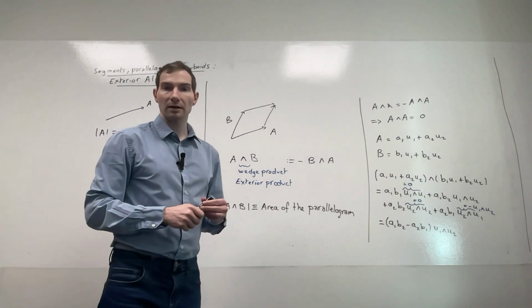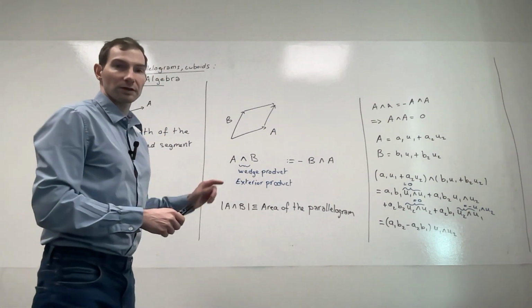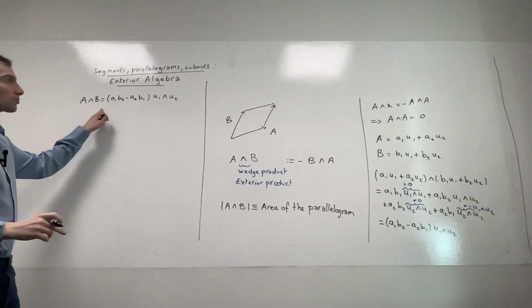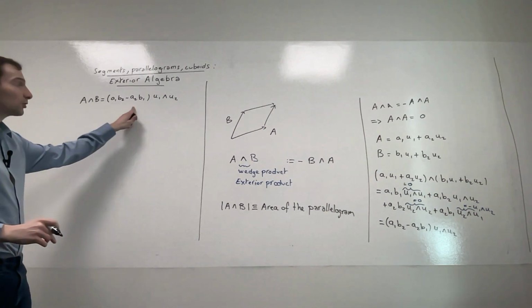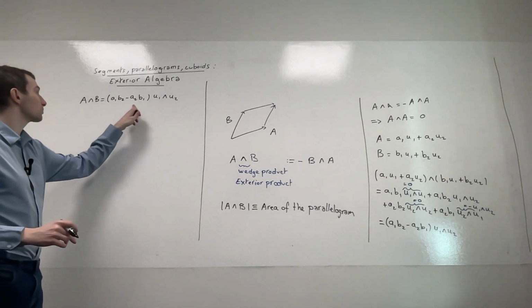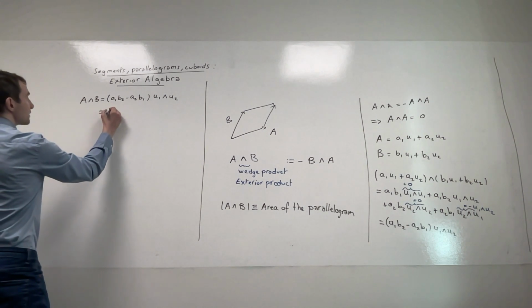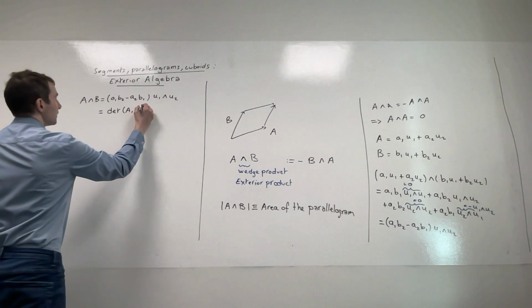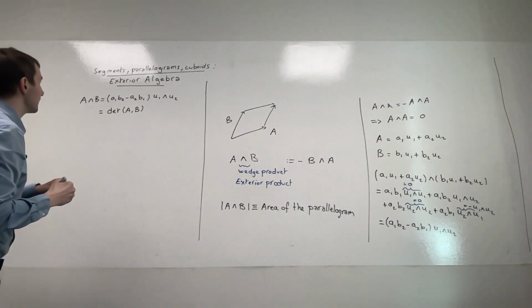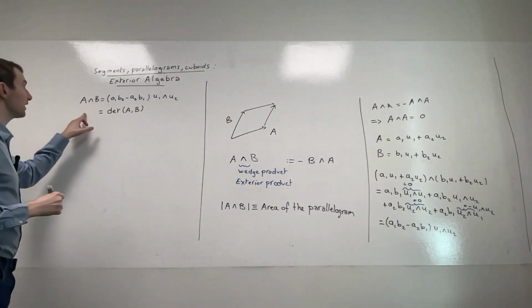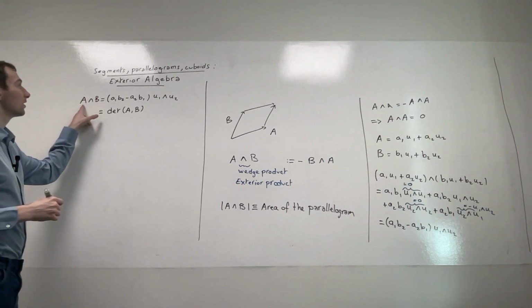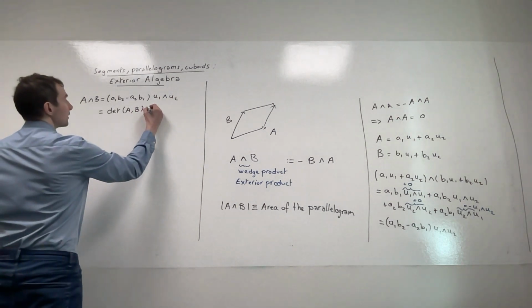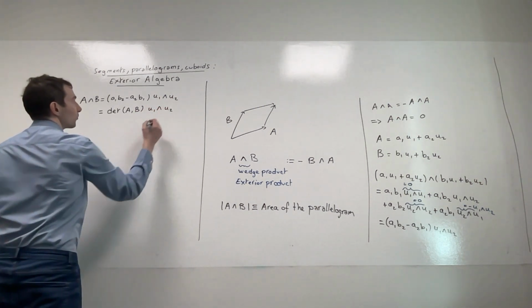Okay, so let's go back to this board in a minute. All right, so we're back, and I've just rewritten this formula here. If you look at this particular expression, you can recognize that this is the determinant of the matrix that is made of the components of the vectors A and B in the basis U1 and U2, times U1 wedge U2.